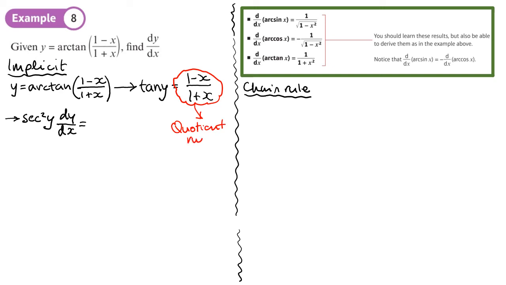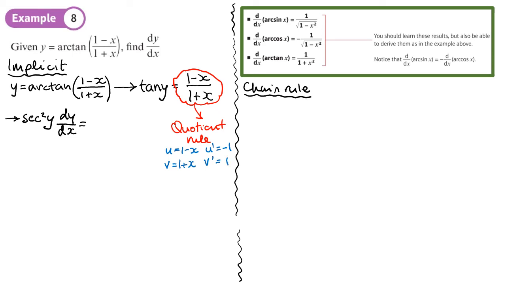And the quotient rule says that we have u, which is the top, 1 minus x. Then we need u dash or du/dx, which is negative 1. v is going to be the bottom part of the fraction, the denominator. So v is 1 plus x. v dash or dv/dx is 1.